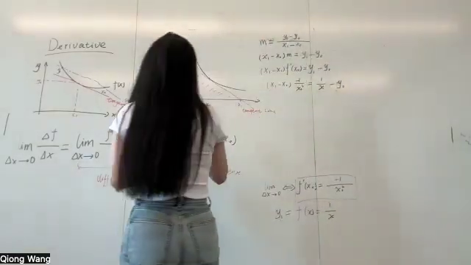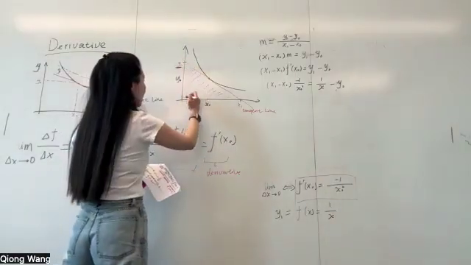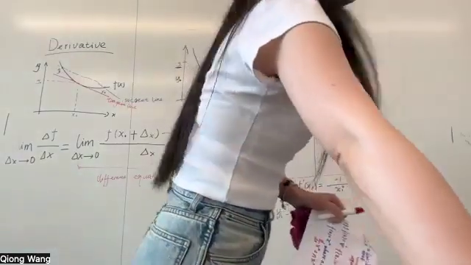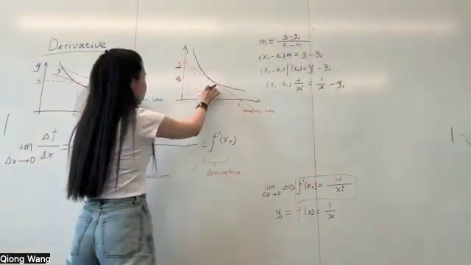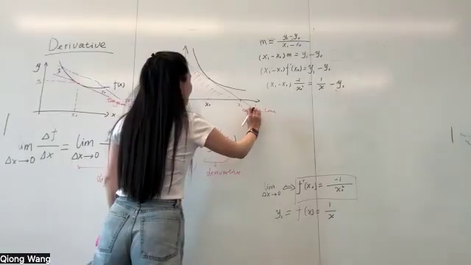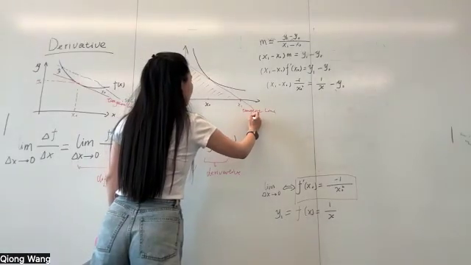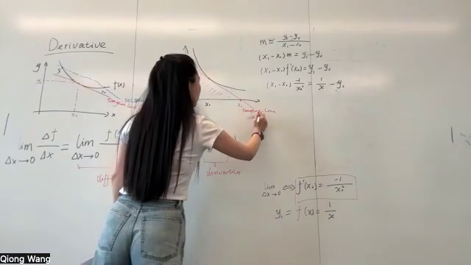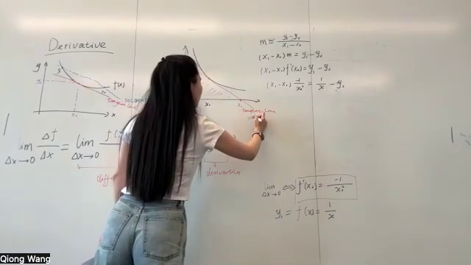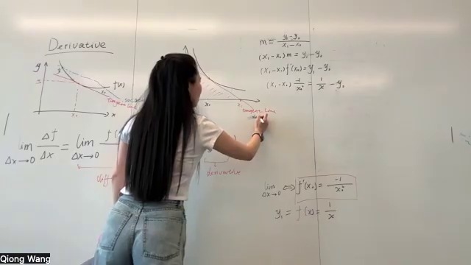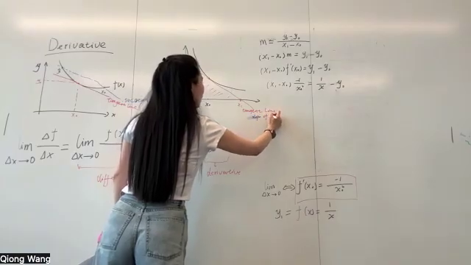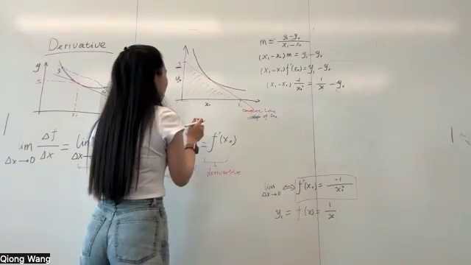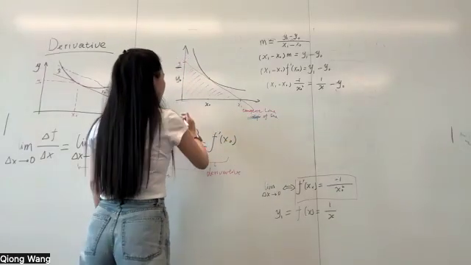Okay, for the space like this, I use the blue. For a space like this, if we want to know the slope of any line, we will know the function like this.